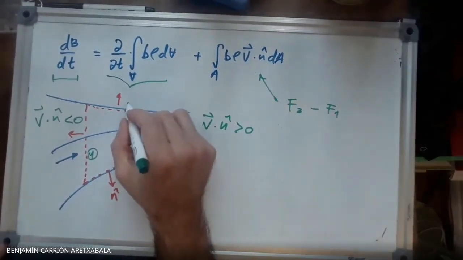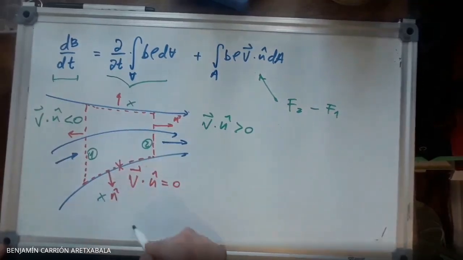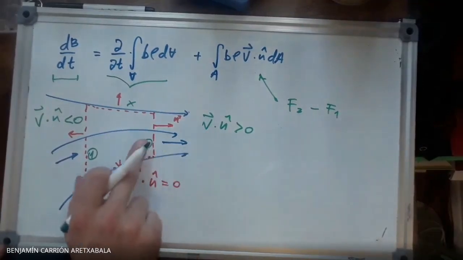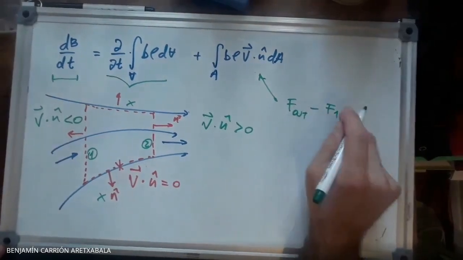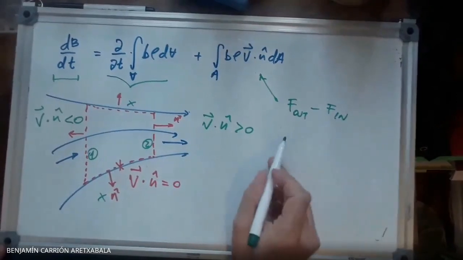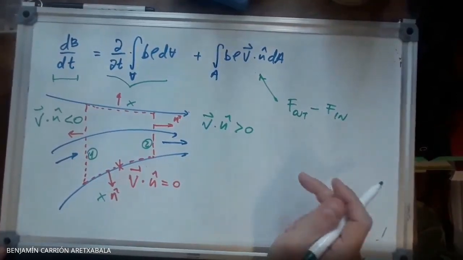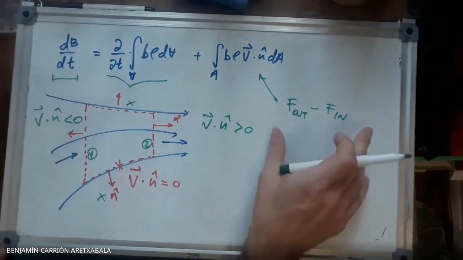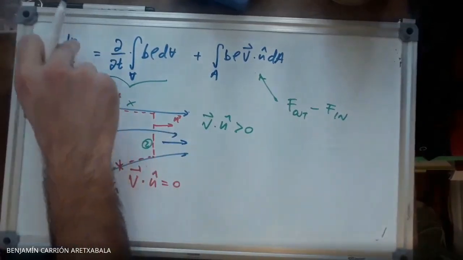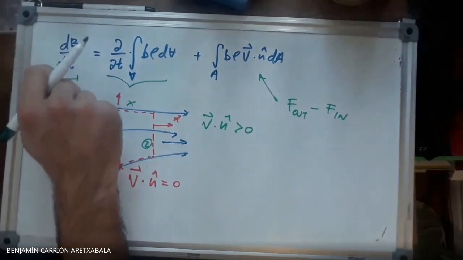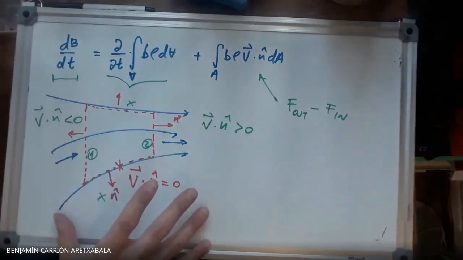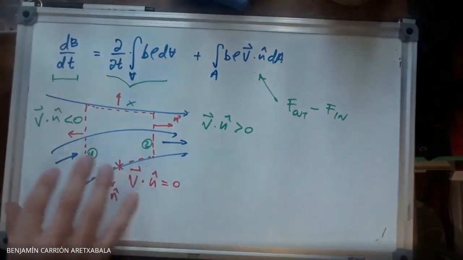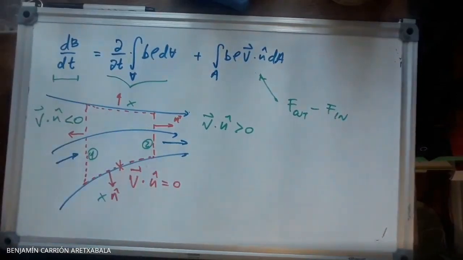Here you're going to have 0 flux and here 0 flux. So the important thing is that the flux going out is going to be positive, and the flow going in is going to be negative. And if that's the case, then you're going to have a derivative different from 0. So this is convention, but you need to keep it in mind. Going in is negative, going out is positive.